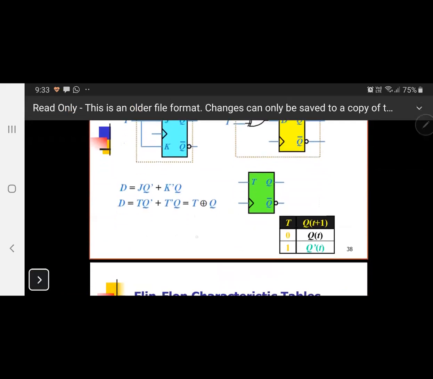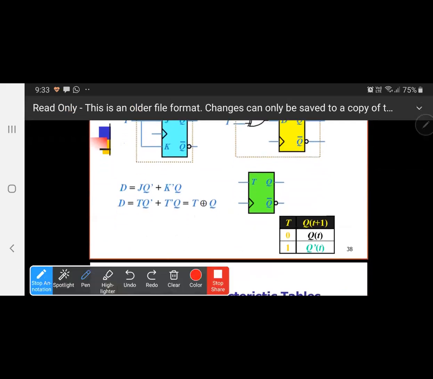So for T flip-flop, what will be the equation here? If T is 0, then the result will be QT. And if T is 1, it will give you the complement of the previous result. So this is the equation for the T flip-flop.